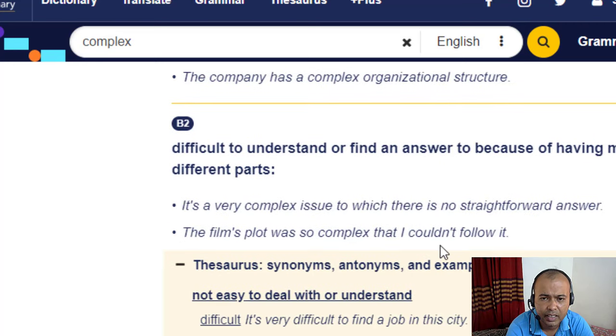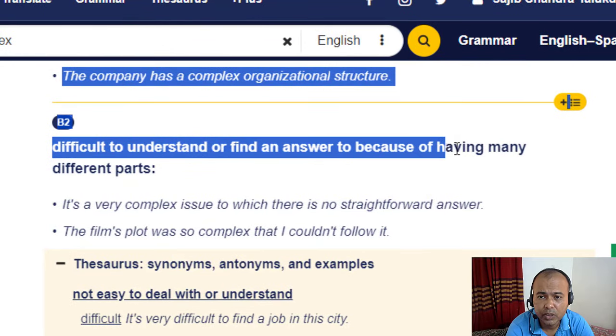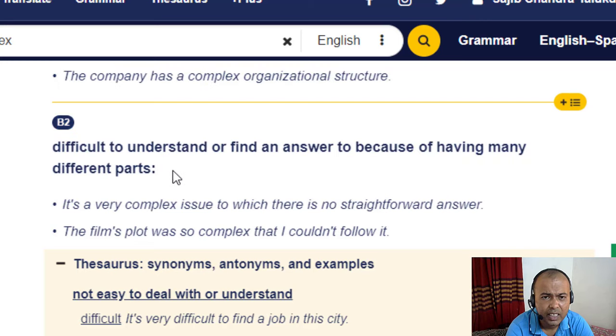If you want to get another definition here, difficult to understand. That means complex equals difficult to understand or find an answer to, because of having many different parts. So that means it's difficult to understand.